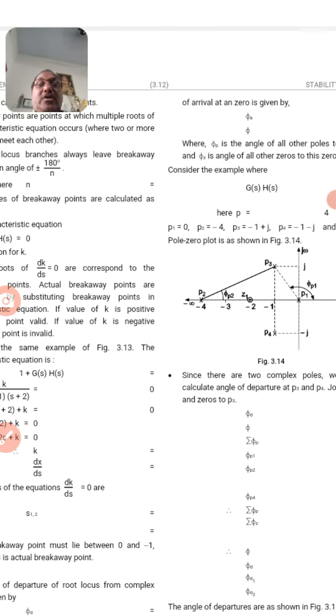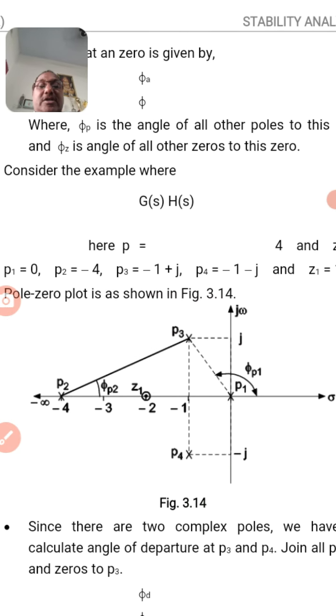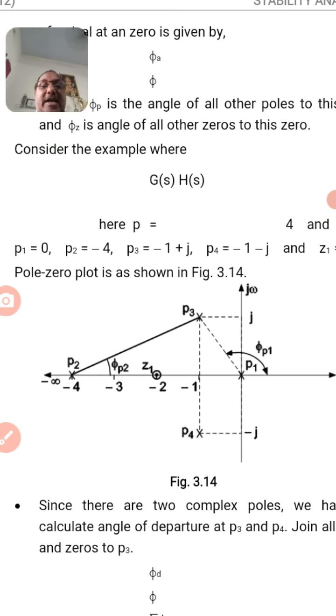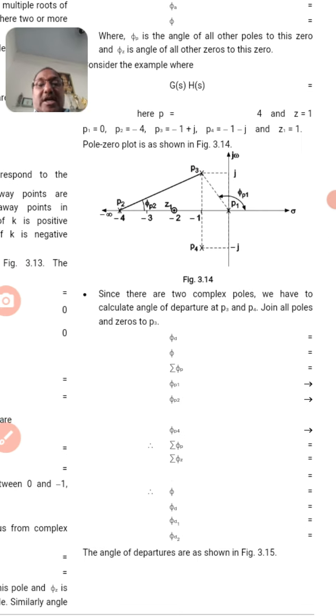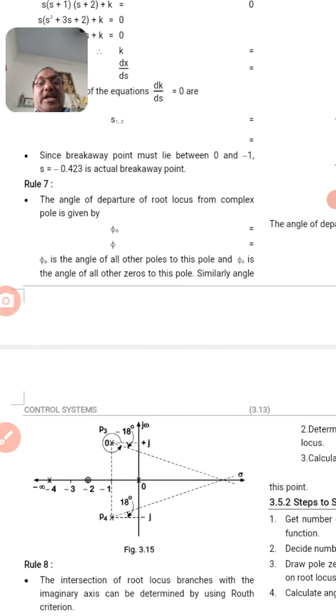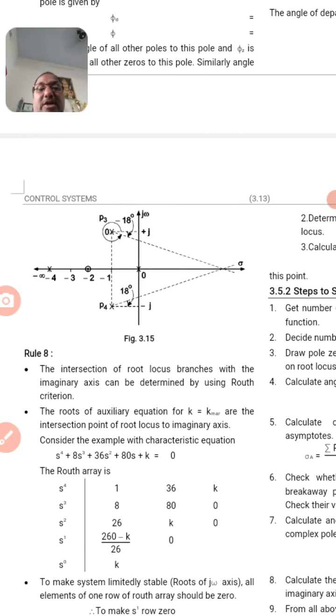And rule number 7 is to find the intersection of asymptotes on the j axis, the j omega axis, using the auxiliary equation from the Routh-Hurwitz criteria.